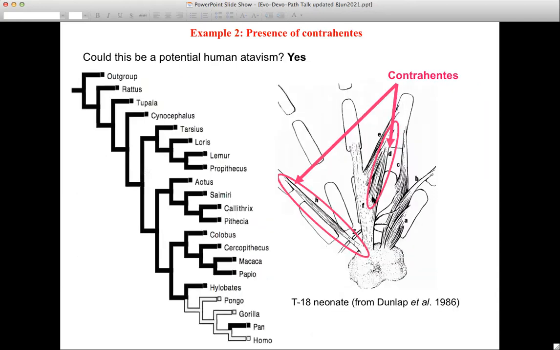Same thing applies with some hand muscles that were present for a long time, disappeared in adults around 20 million years ago, and suddenly are present in some adults with trisomy and so on, but also present in almost all the adults of chimpanzees. So it's a reversion, and you can now understand why we have these reversions in nature.